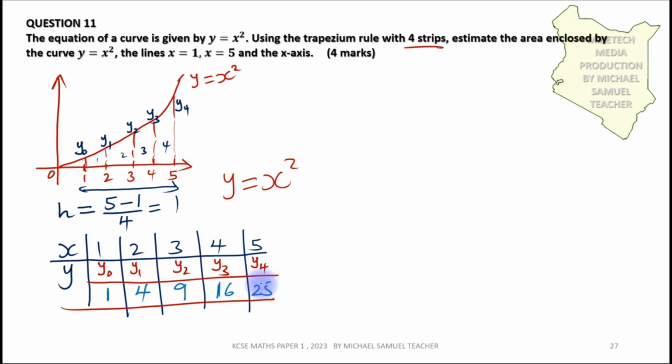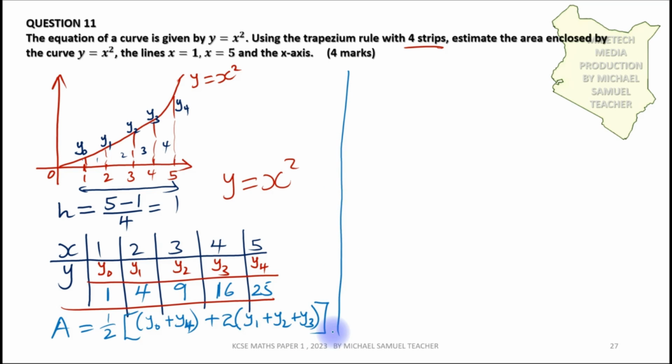Then when x is 5, y4 will be 25. Therefore, the area is given by a half, square bracket, y0 plus y4, those are the extreme heights, plus 2 times the bracket y1 plus y2 plus y3, close the bracket, then close the square bracket. Then we substitute.